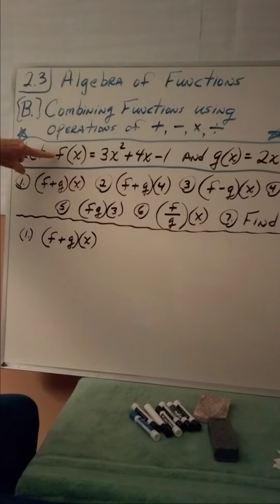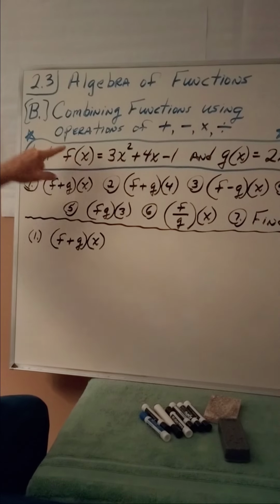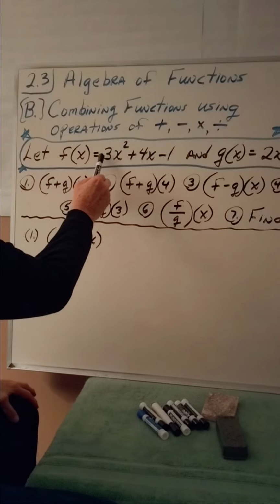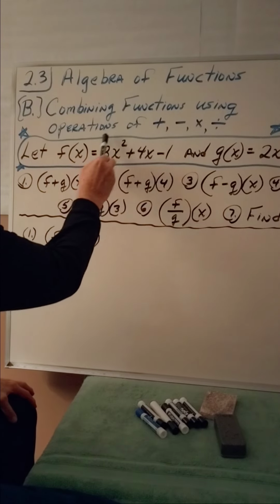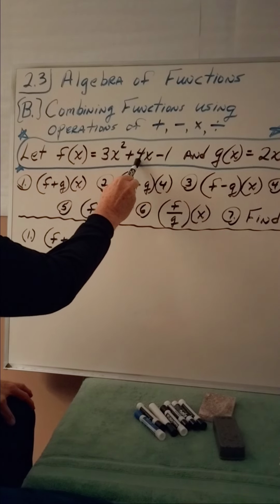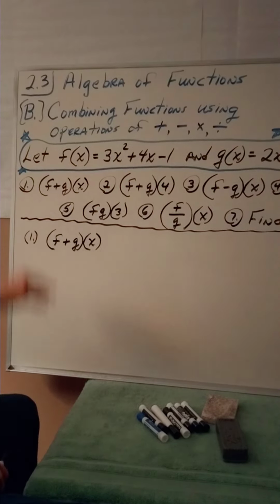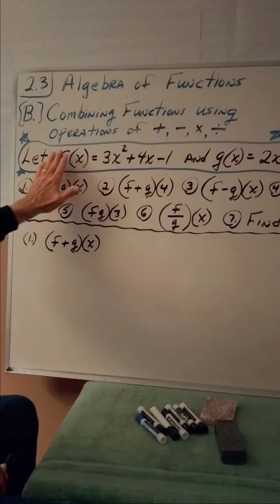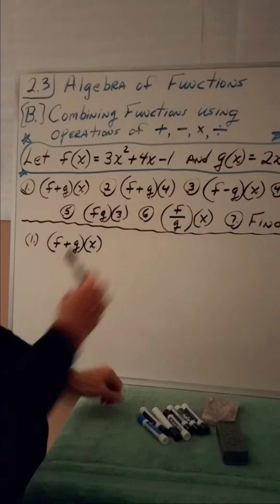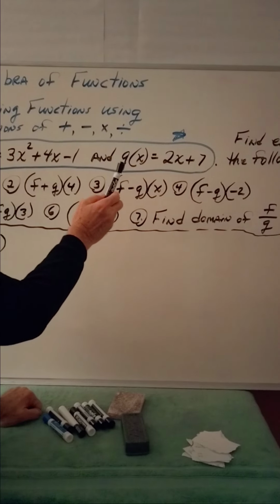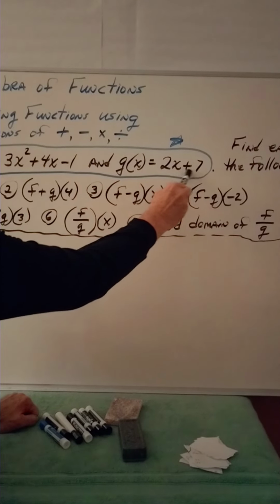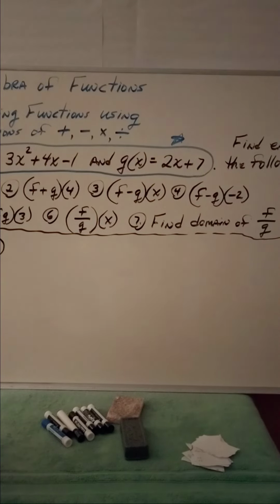Let the value of f when the domain is x equal this trinomial, 3x squared plus 4x minus 1. This is function f, written as an equation. And then we have function g. The value of g when the domain is x is equal to this binomial, 2x plus 7.